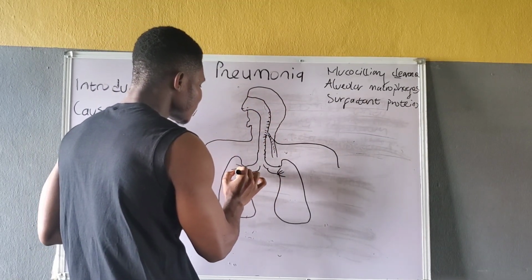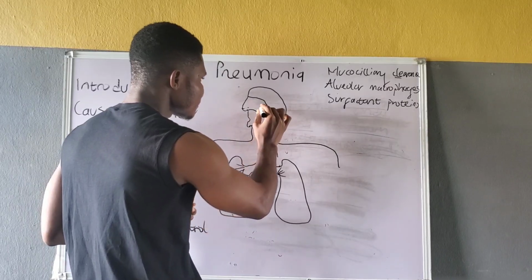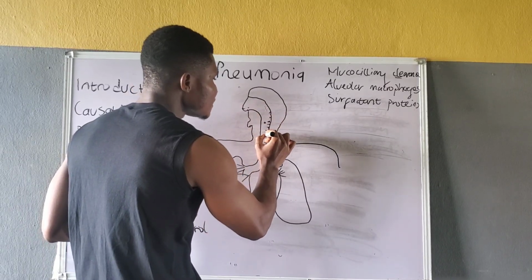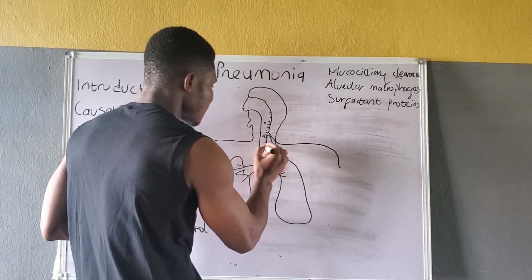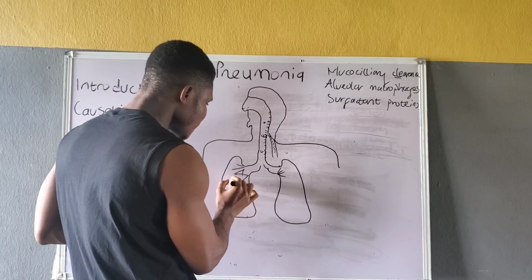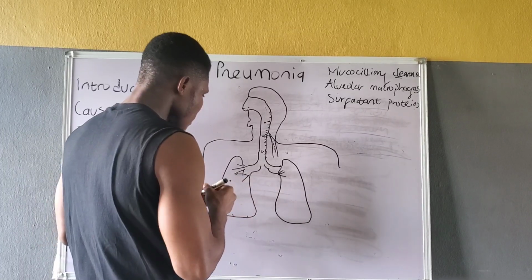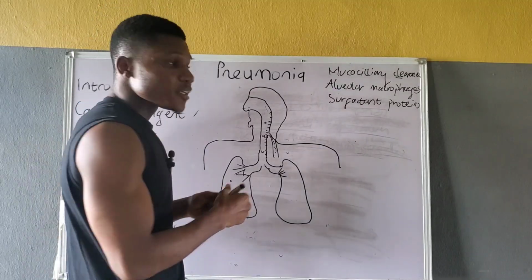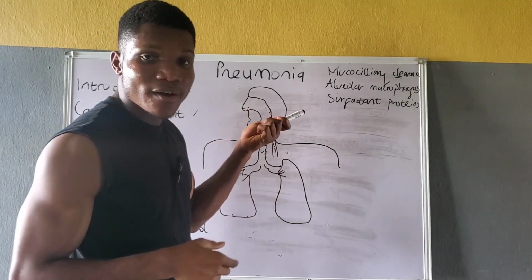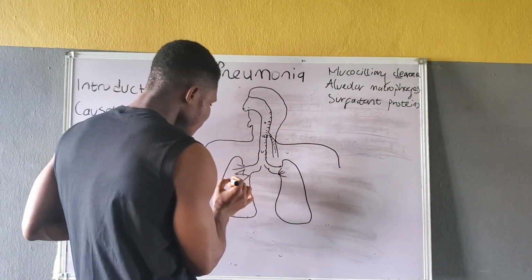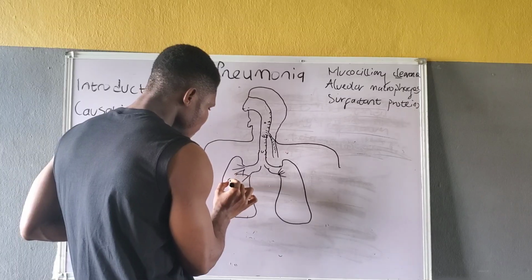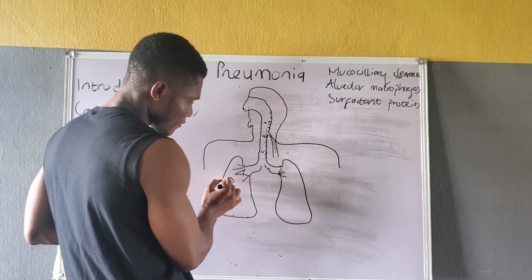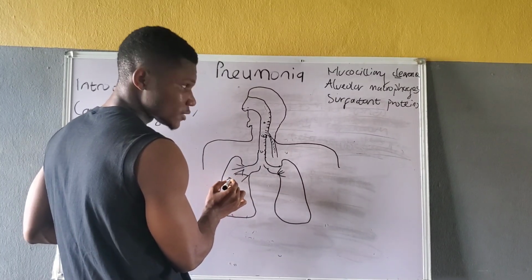Let's say this is the pathogen that evaded the mucociliary clearance and then enters the lungs. Within the lungs, this pathogen is engulfed by alveolar macrophages. So let's say this is an alveolar macrophage, and this is a pathogen, right?